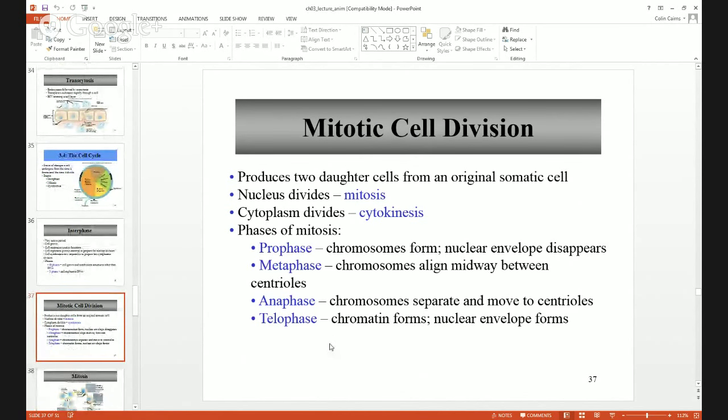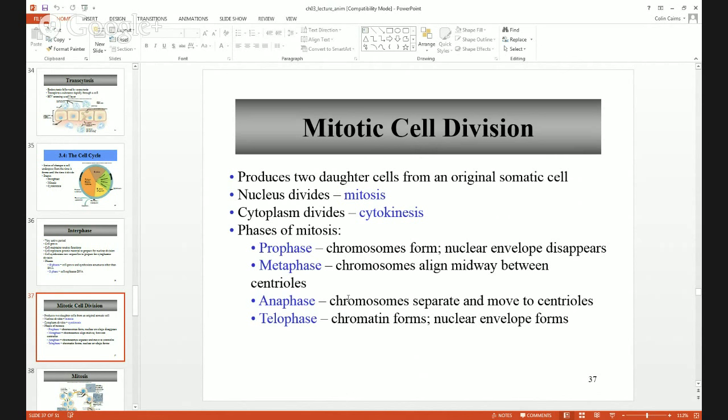Now we have mitotic cell division. Two daughter cells are produced from an original somatic cell. The nucleus will divide during mitosis, and the cytoplasm divides during cytokinesis. The phases are prophase, when the chromosomes form and the nuclear envelope disappears. The metaphase, where the chromosomes align midway between the centrioles.